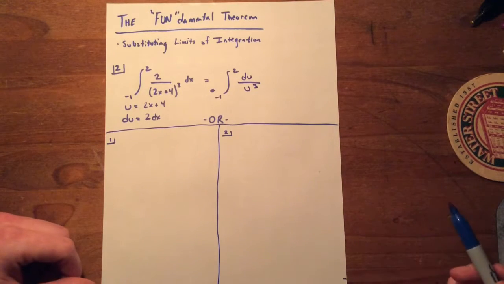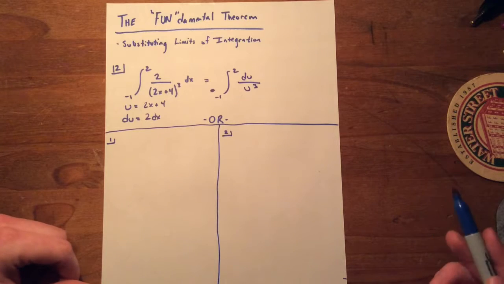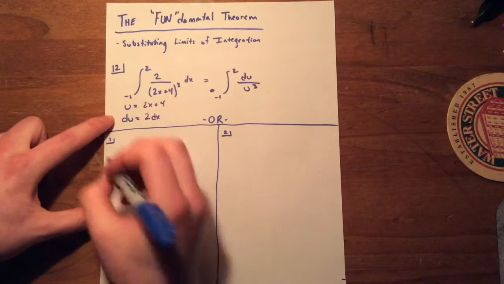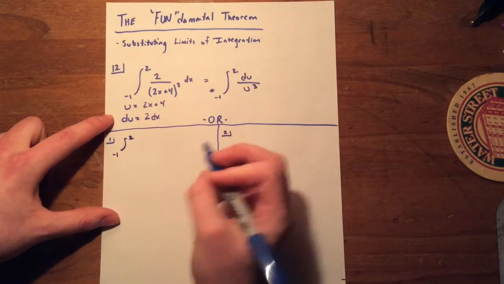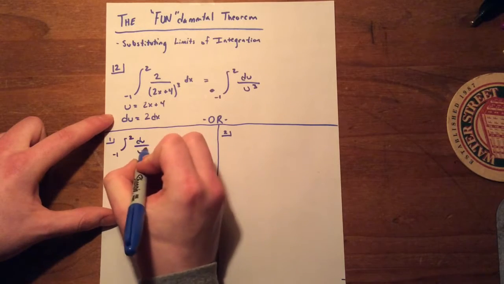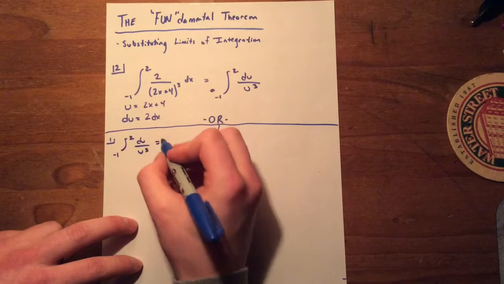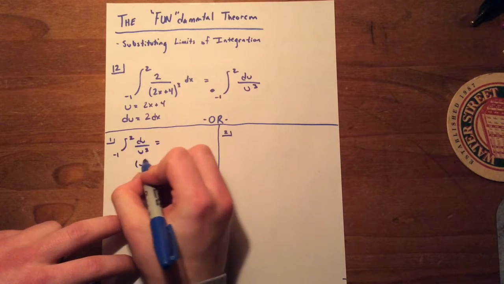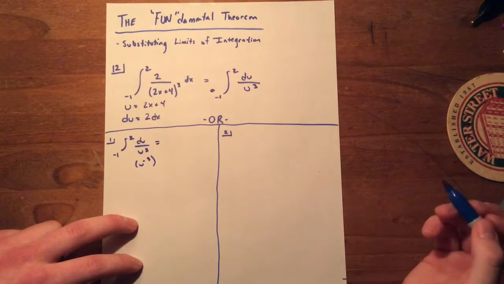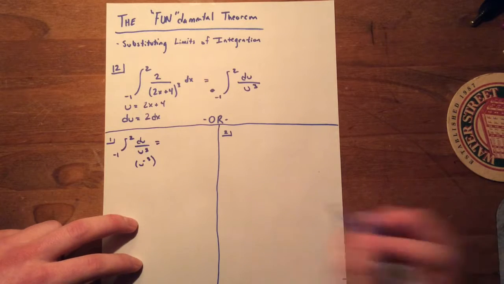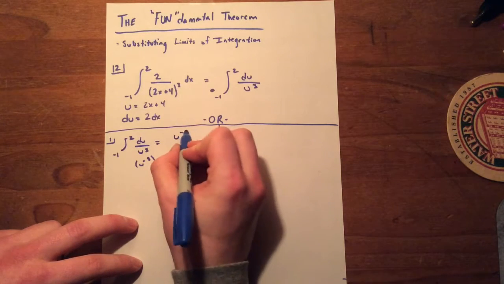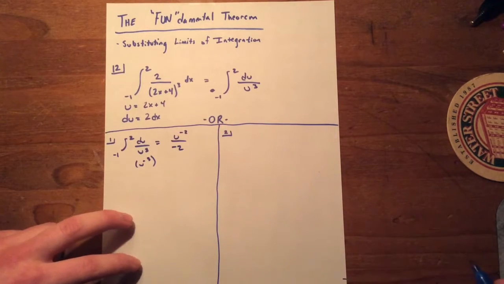So the first way that we would normally do this is this first way. We would take the integral, and we could represent this as, remember, u to the negative third. So I'm going to add a power and divide by that power, and I get this right here.